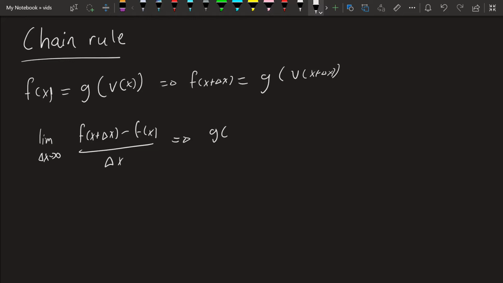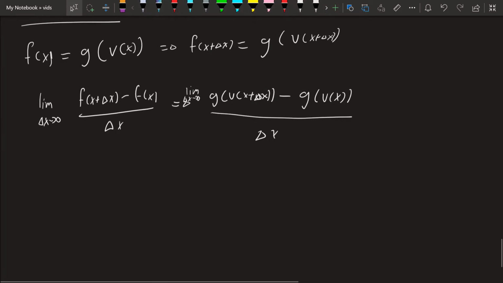So I'm just going to write this down, g of v of x plus delta x minus g of v of x all over delta x, and of course you have the limit as delta x goes to 0, right?